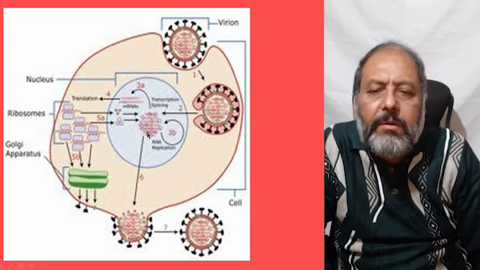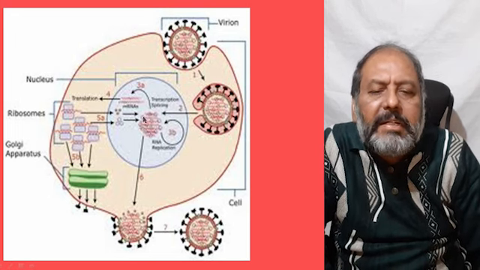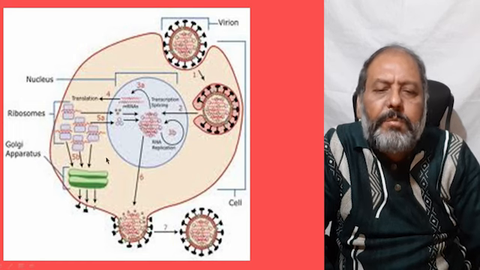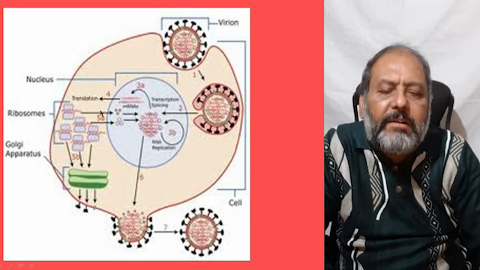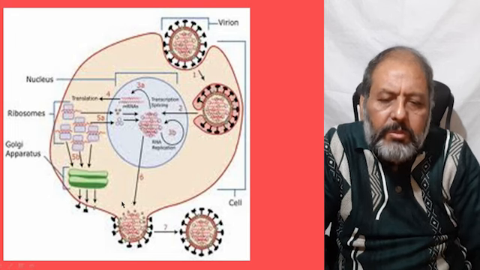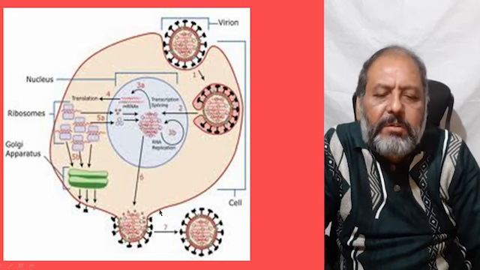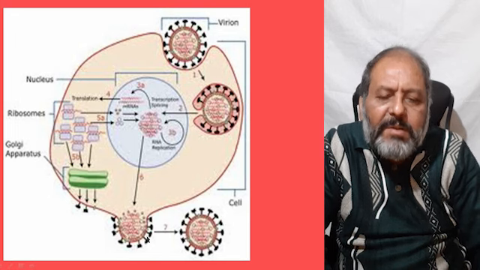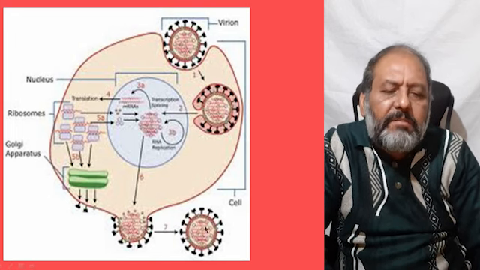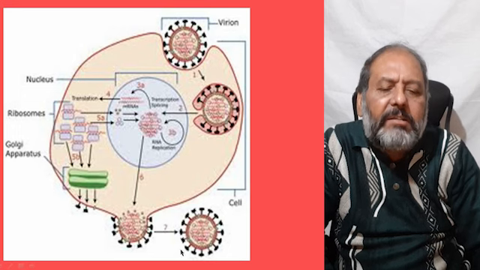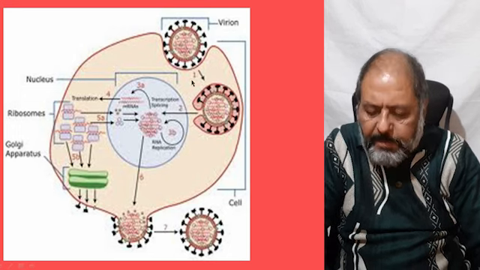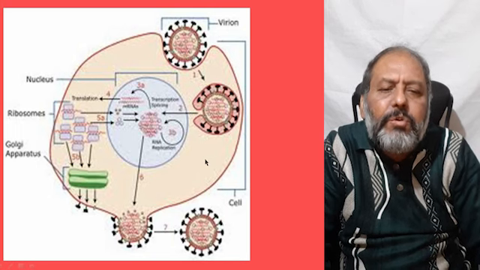Now it gives orders to the ribosomes and the Golgi complex to make new virion particles, and these new virion particles get out through the cell membrane of the host, taking the cell membrane as the envelope. The new virus is formed, having the spikes and all the complete structure, and is again capable of infecting a new host cell.